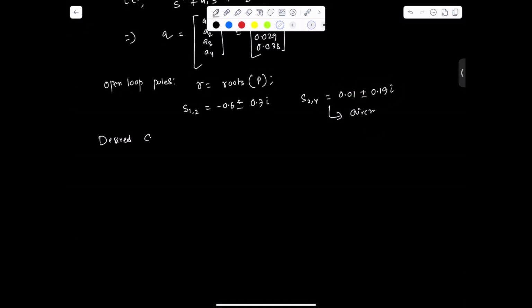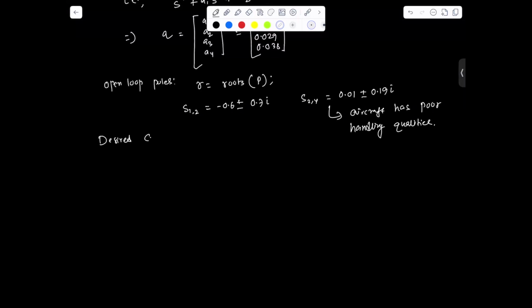So we have to design a control system which can improve these handling qualities.